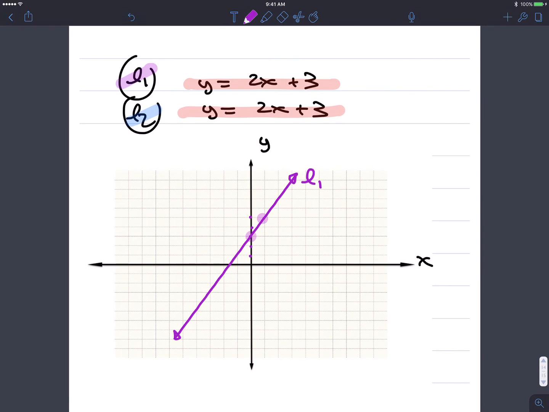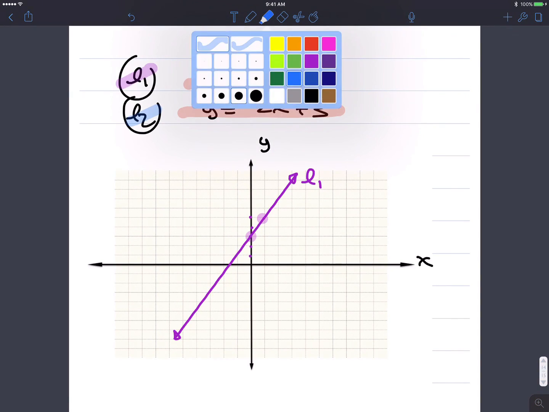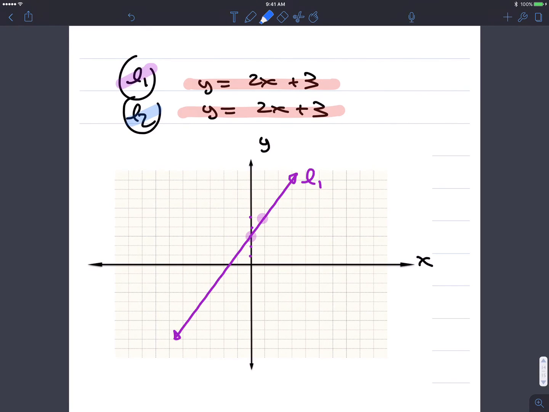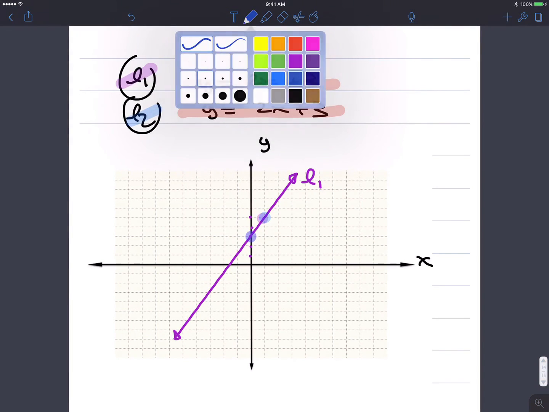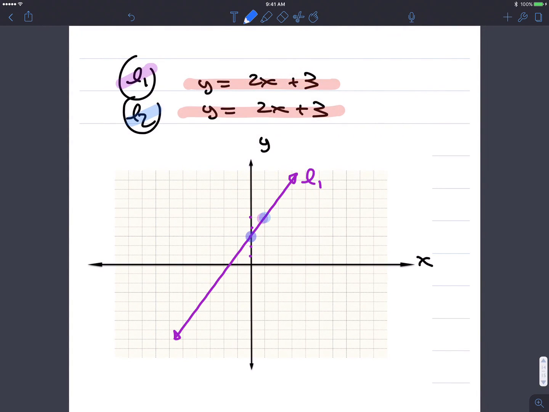If I repeat the process now in blue, notice again, I start at 3, and my next point is at that same location, and I draw my line yet again, this time in blue. This line is right on top of the other line.